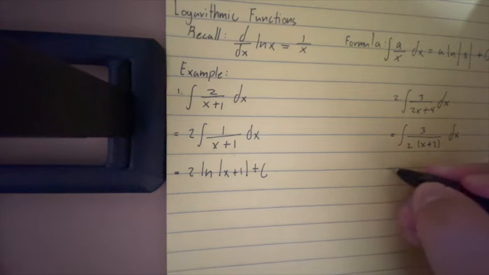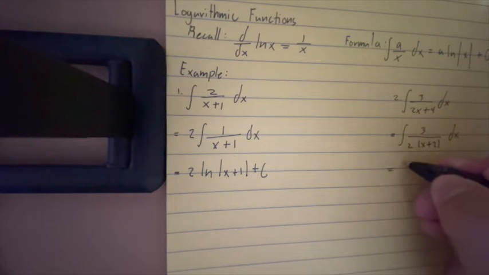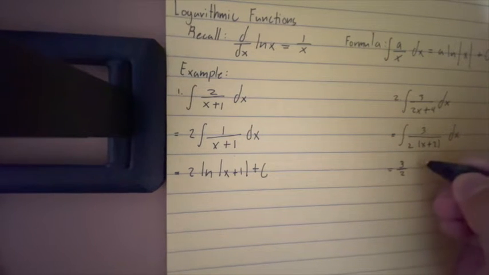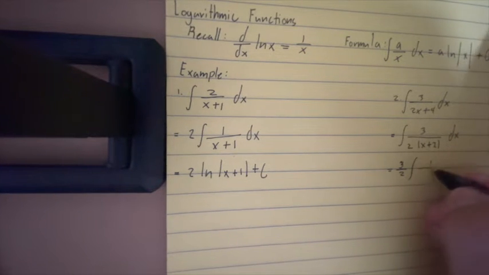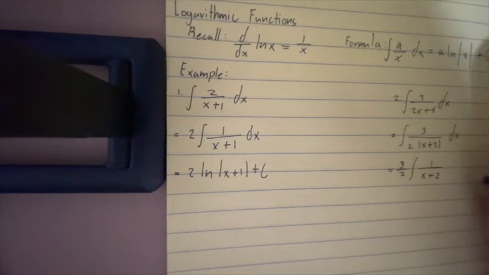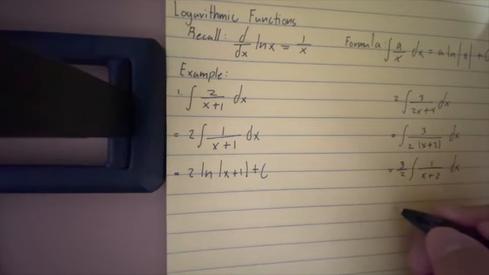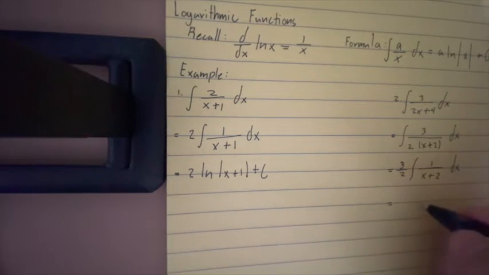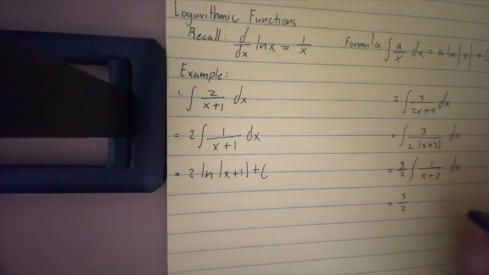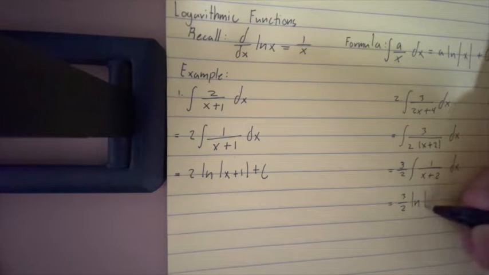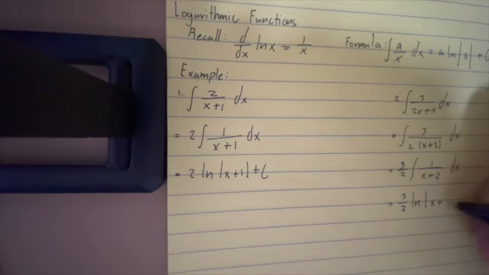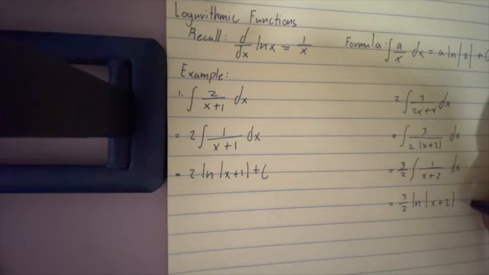Since we have the constants 3 and 2, we're going to put them out. 3 over 2, the integral of 1 over x plus 2 dx. And the final answer will be 3 over 2 ln absolute value of x plus 2 and add the constant plus c.